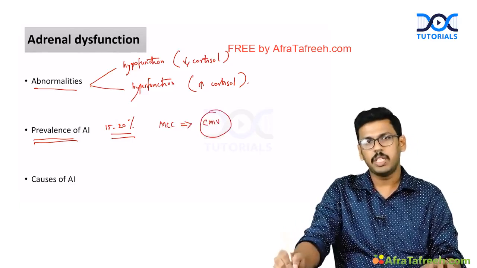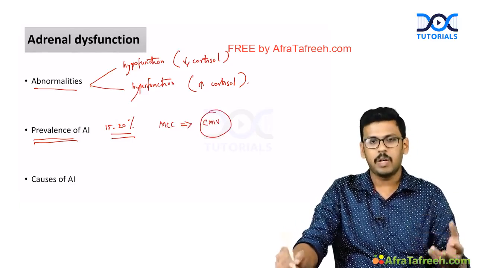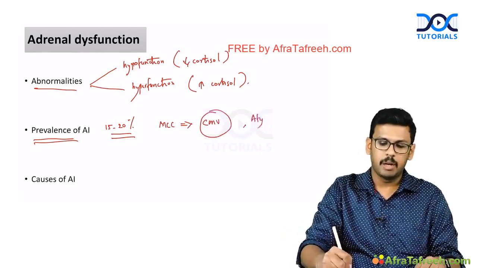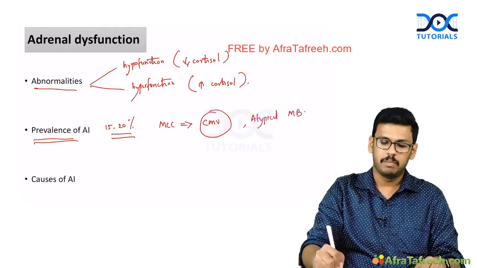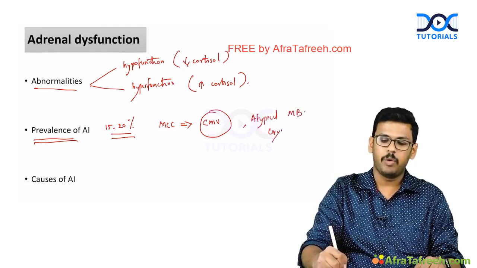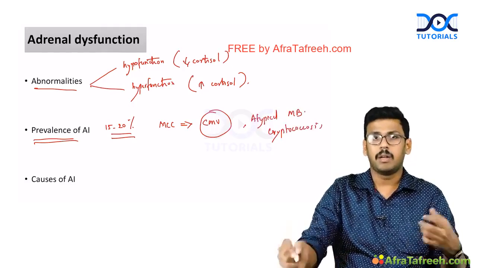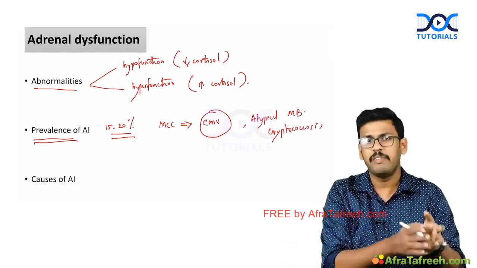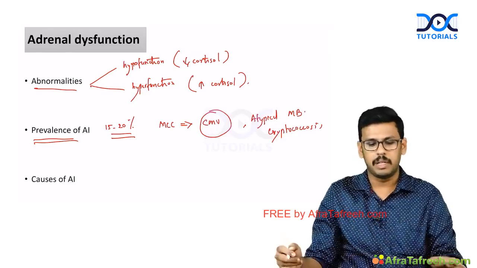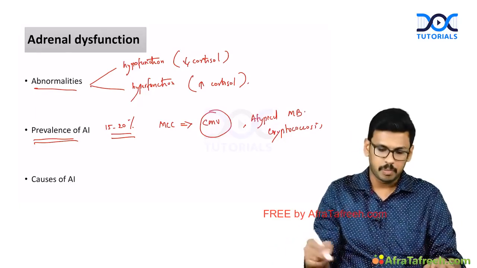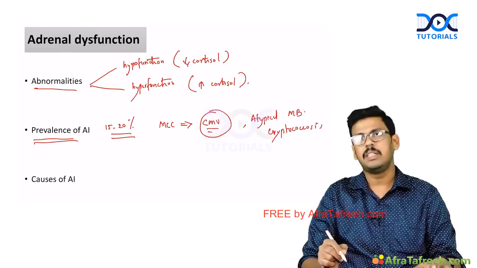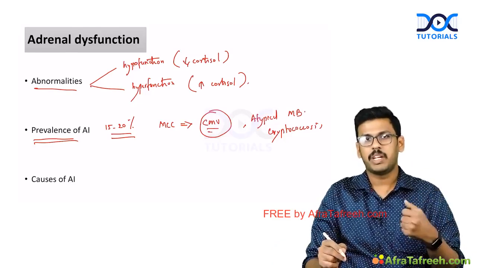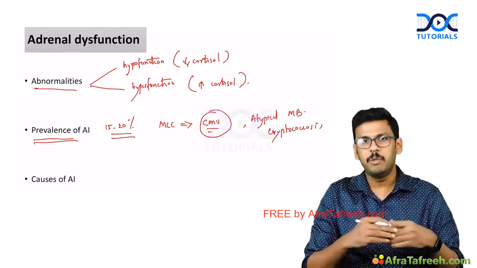So CMV infection is the most common cause, and the other causes include atypical mycobacteria, cryptococcosis, and other opportunistic infections like histoplasmosis. Then HIV adrenalitis itself can result in adrenal insufficiency. But usually the CMV infection doesn't cause diffuse involvement.